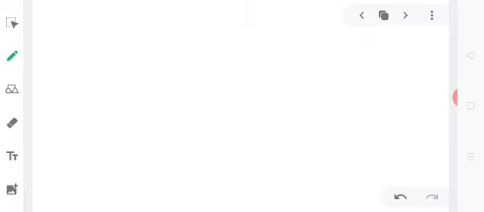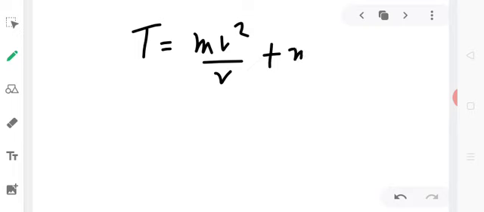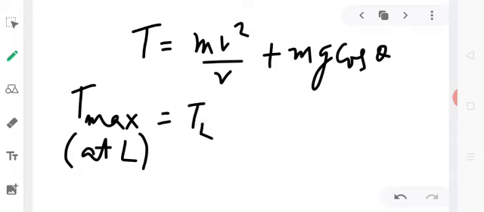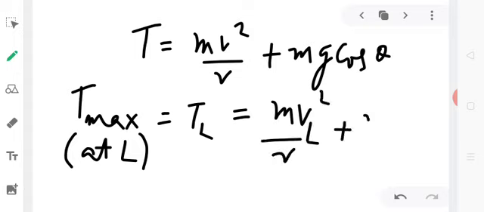Now, we have already obtained an expression for tension T that was equal to mv square by r plus mg cos theta. For maximum value, cos theta should assume a maximum value, that is equal to plus 1, that is theta is equal to 0. So maximum value of tension will be at L. This should be equal to TL, that is m vL square by r plus mg, as cos theta is equal to plus 1.